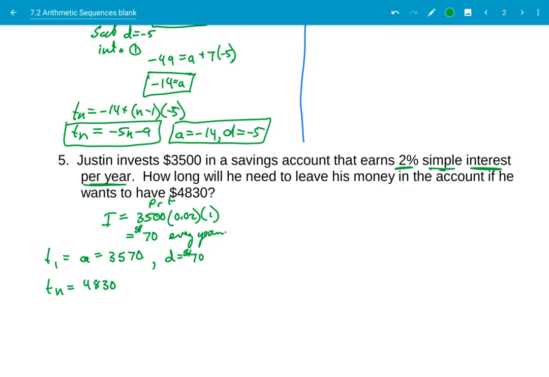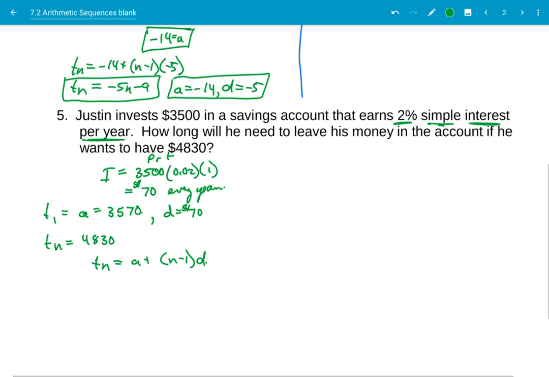So, right, we're using Tn is equal to A plus n minus 1 d. 4830 equals 3570 plus n minus 1 times 70. Now, when I do 4830 minus 3570, what do I get?